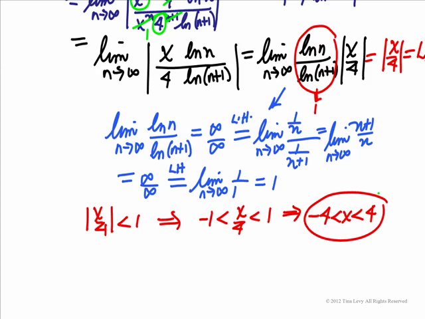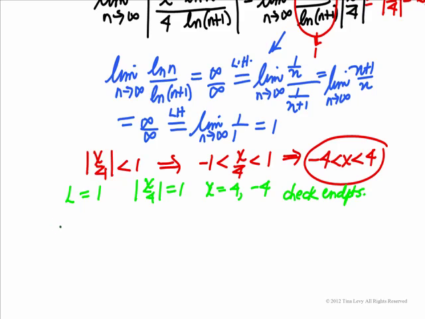But I'm concerned about what happens when L is 1, and that's when the absolute value of x over 4 is 1, which makes x positive 4 and negative 4. We're going to have to check the endpoints. So we are going to have to substitute 4 and negative 4 to see if those endpoints work.